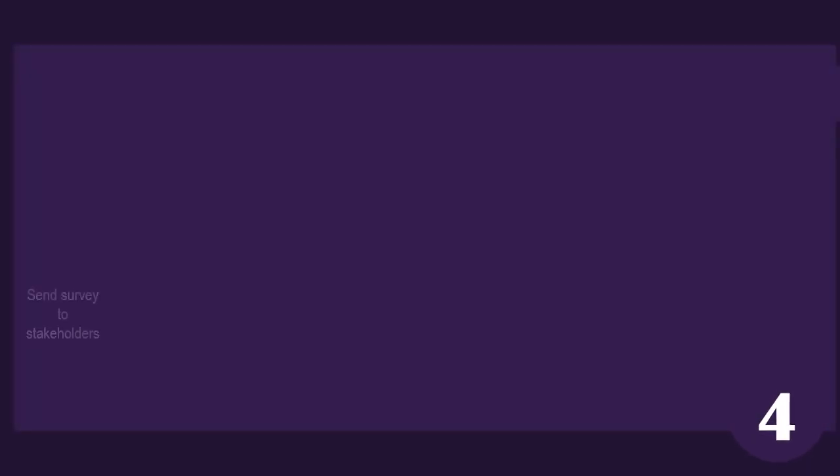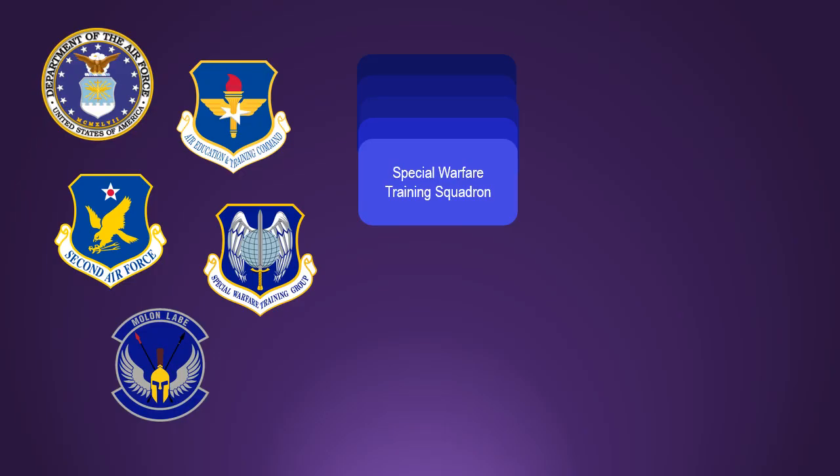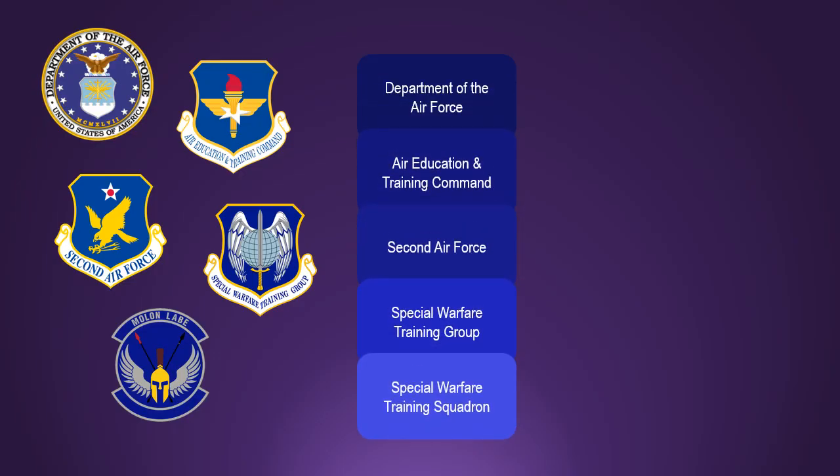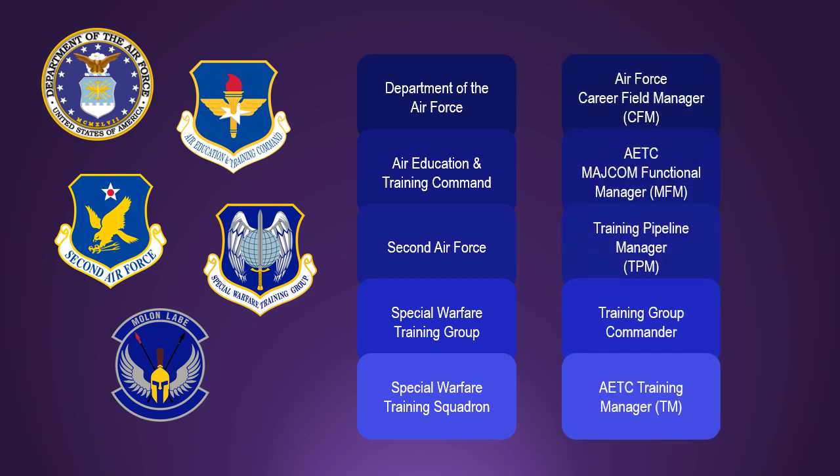Air Education and Training Command Instruction 36-2651, most commonly called AETCI 36-2651, outlines personnel that must be given the opportunity to coordinate on the FEQ before it is sent to the operational units. These stakeholders include all of the key stakeholders we mentioned earlier with the exception of the training group commander.